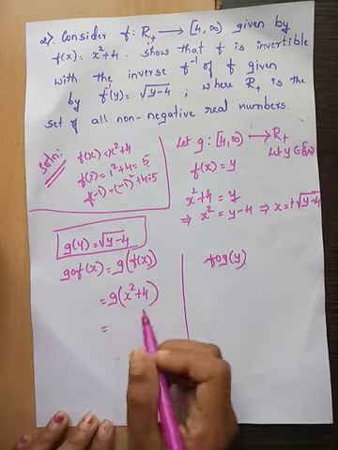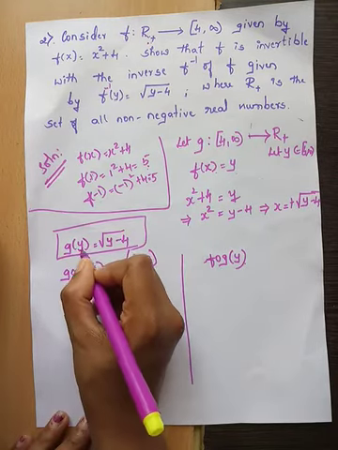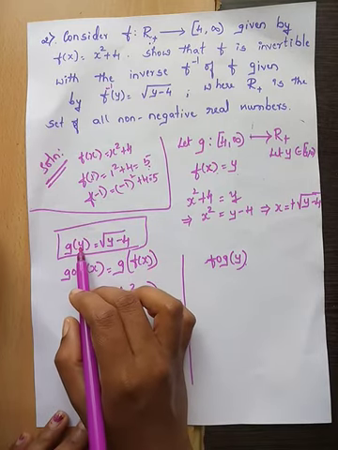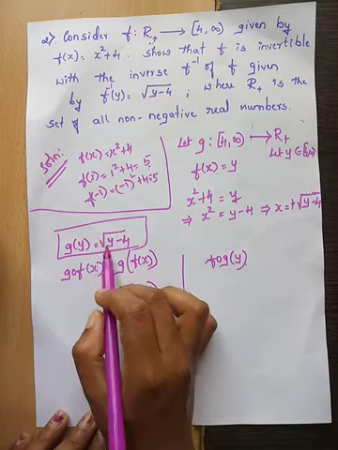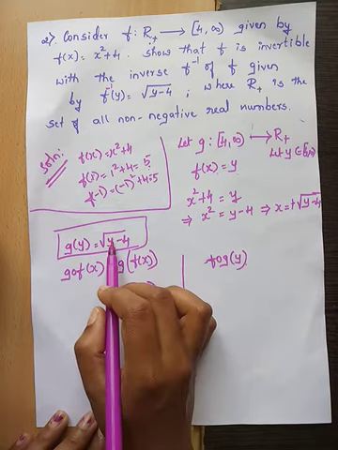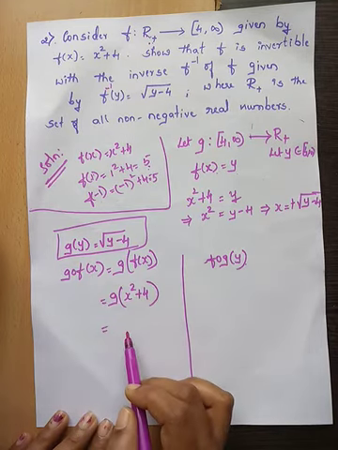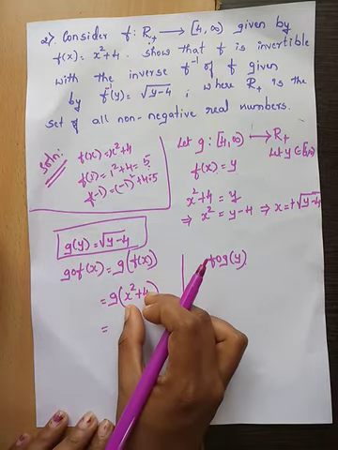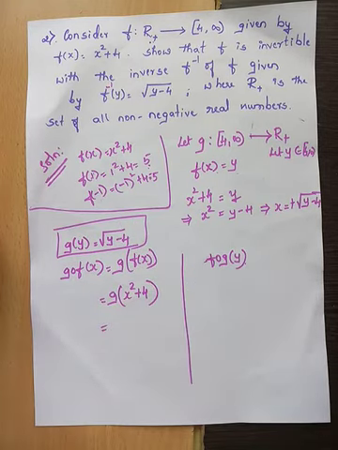Now, I know g of y is equal to square root of y minus 4. Then what is g of 4? wherever I have y, I have to replace it by 4. Similarly, here instead of y I have x square plus 4. So, what will be my function according to that? We have to replace y by x square plus 4.